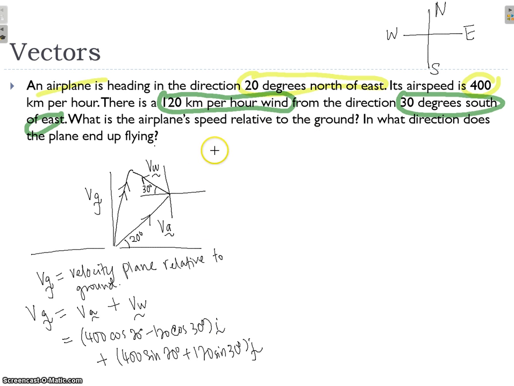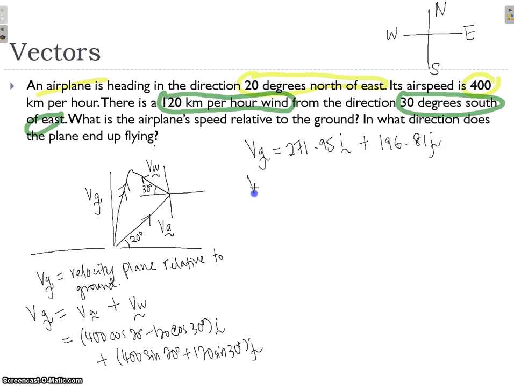Now we continue to find the speed. How to find the speed of this airplane relative to the ground? If we simplify this VG, 400 cos 20 subtract 120 cos 30 i, use your calculator, you get roughly 271.95 i. And for the vertical component, if you calculate this, you'll get roughly 196.81 j.